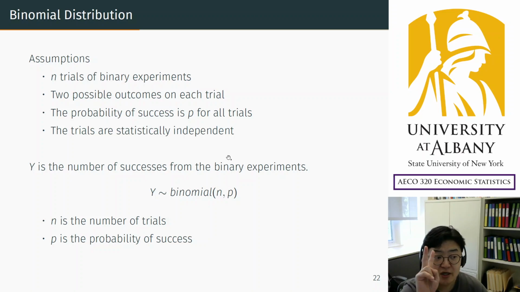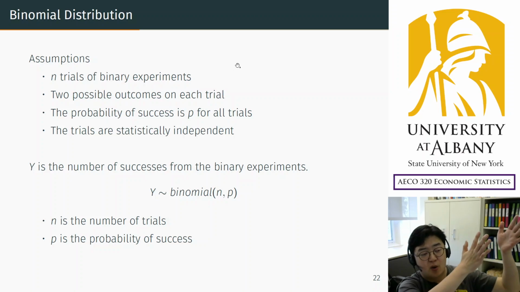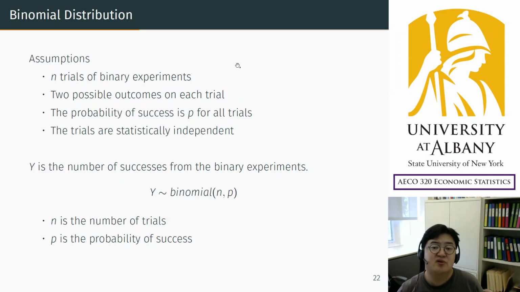Here you need two parameters. To describe this distribution, you need to specify the number of questions and the probability of a correct answer for each question. All the questions must have the same probability, and they are independent.